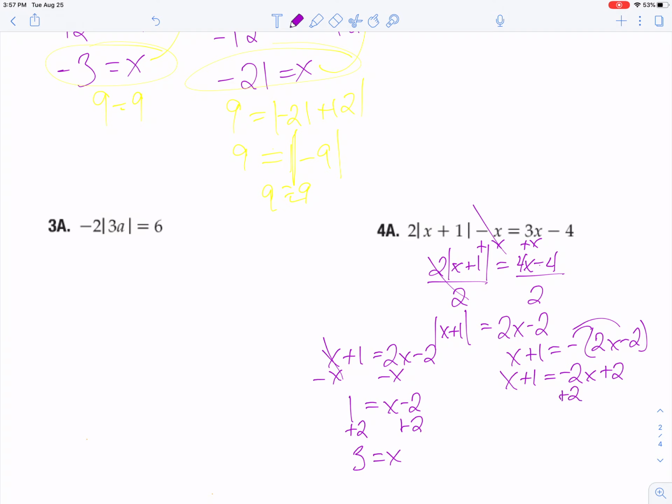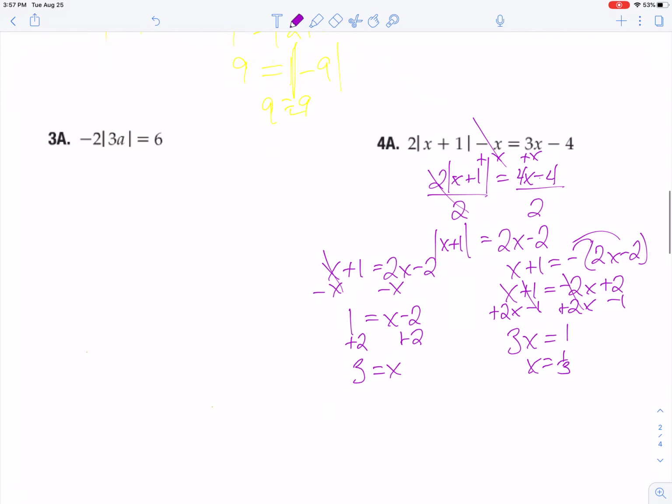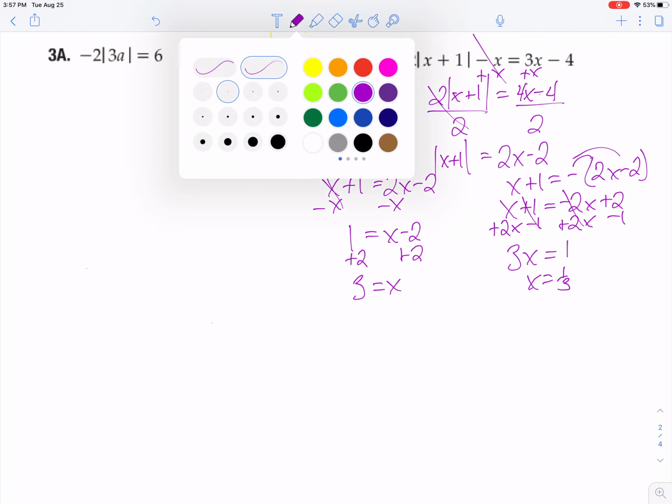Okay, now let's do this one. Okay, I divided by 3 without showing my work very well there. Take these back in and test them.